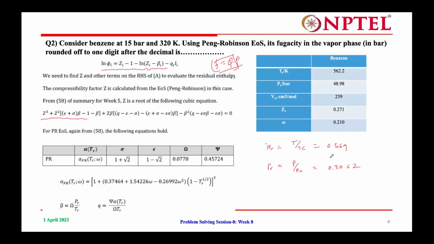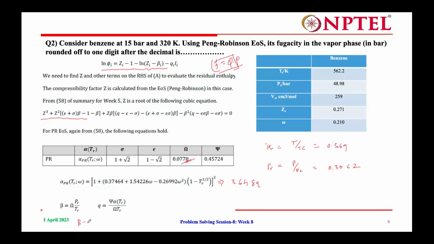Now put the values in these equations. So you will get 3.6489. Now put this value in this equation to get beta, and phi value in this equation.